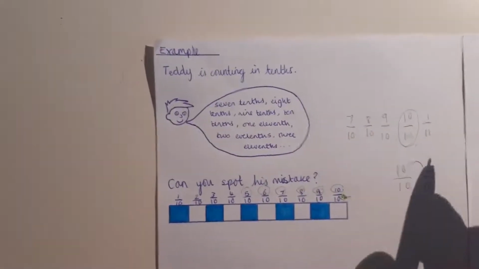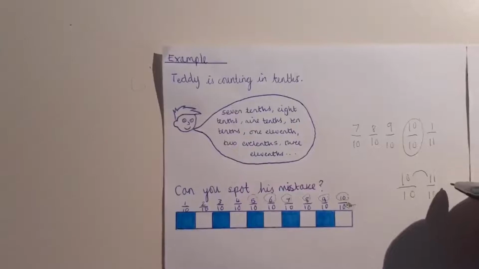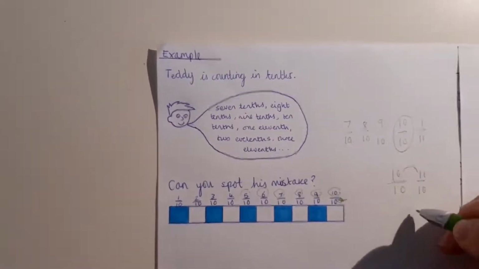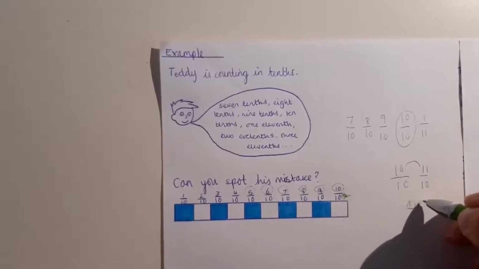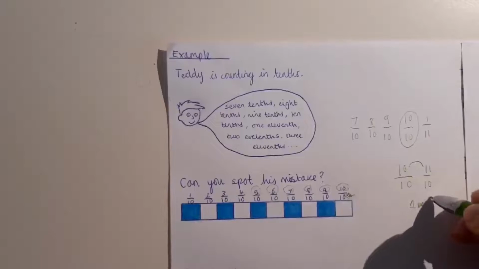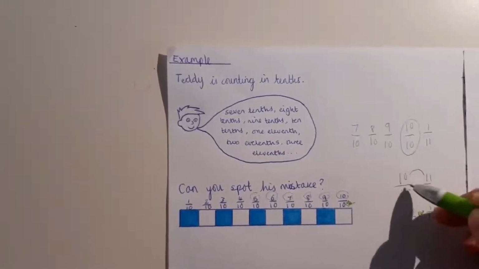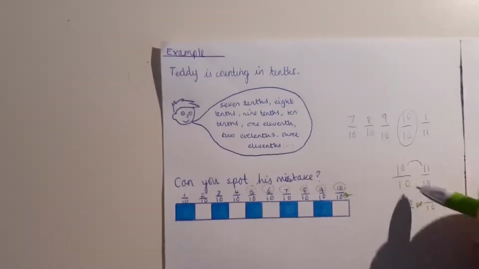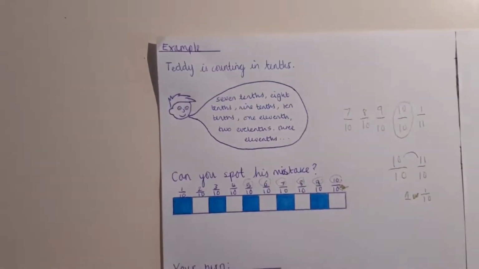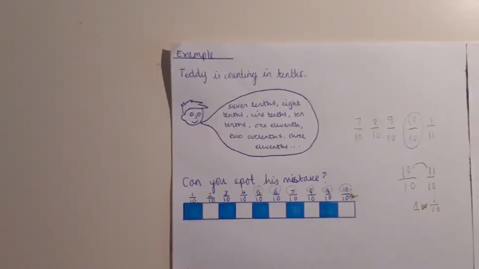Now this can be written another way because we know that 10 tenths is 1 whole, so it could be 1 and 1 tenth, because he's got 10 tenths, which is 1 whole, and 1 more, which is 1/10. So can you spot Teddy's mistake?